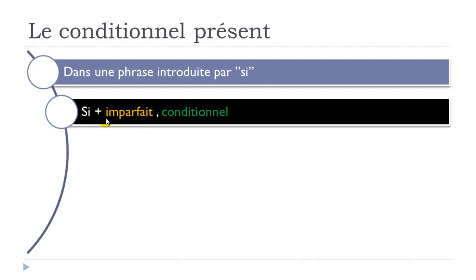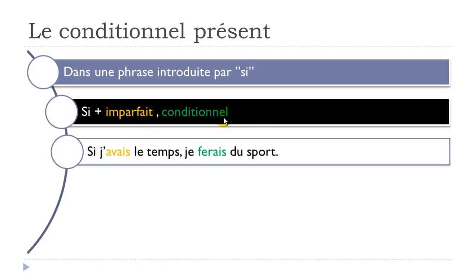We didn't see this form yet. It will come in the next unit, so no stress about that. It's just for you to know that if you want to construct this if structure, then it should be followed by imparfait. Then comes le conditionnel.